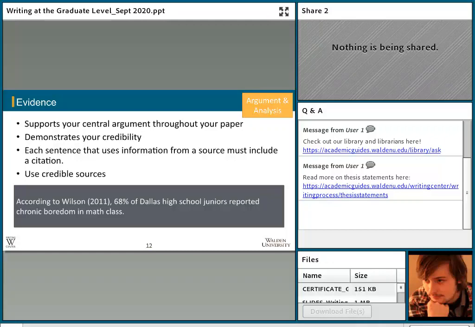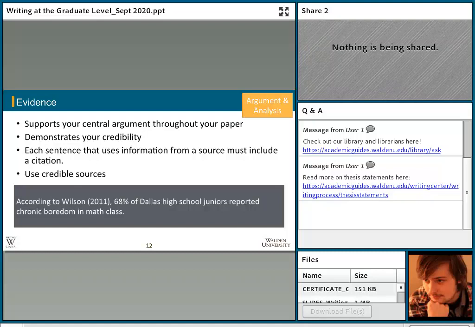To move then to the analysis portion of this bullet point, you need to use evidence in graduate level writing. Evidence supports your central argument throughout the paper. Every piece of evidence that you use needs to in some way support that thesis statement. It needs to provide some sort of support for the argument that you're making.